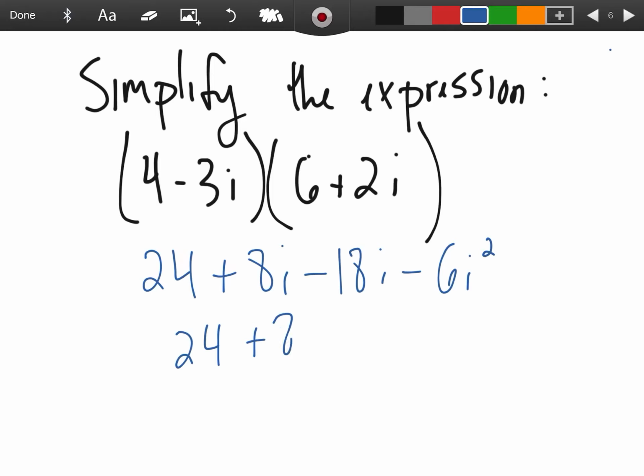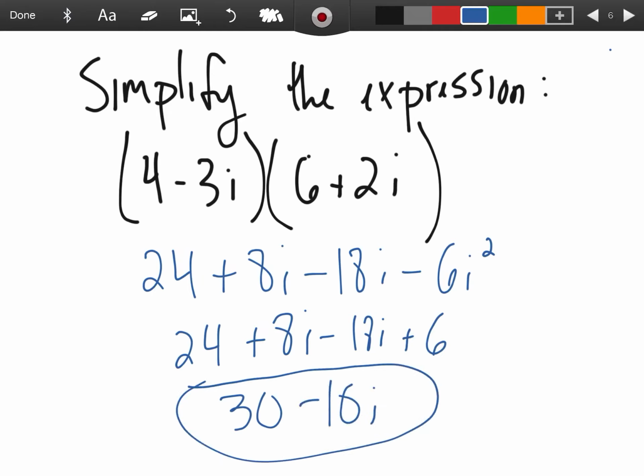So I have 24 plus 8i minus 18i plus 6. And then I'll just combine like terms. 24 plus 6 is 30. 8i minus 18i is negative 10i. So this here is the result of multiplying 4 minus 3i times 6 plus 2i. It's just 30 minus 10i.